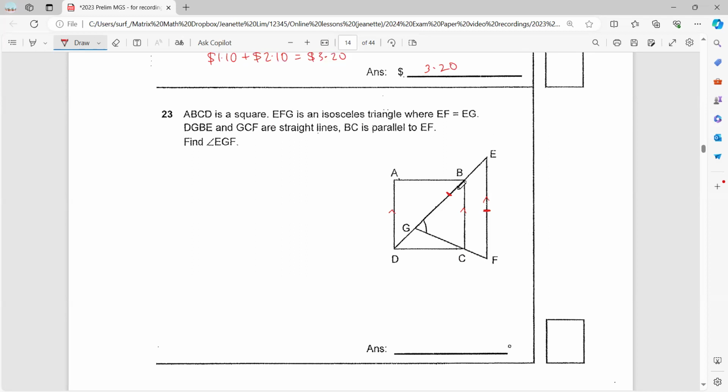So this angle here is actually 45 degrees. And because we have parallel lines and a line cutting through it, then that 45 is the same as this corresponding angle, the one that looks like F. So to find this, 180 minus 45, then divide by 2.